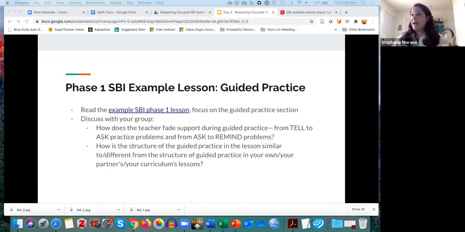When we move to ask, our questions are getting a little higher level, like what do we do next and why? And as we're asking those questions, we're modeling for students how do you use self-questioning? How should you be talking to yourself? What questions should you be asking yourself as you work through this process? Lots of modeling, lots of practice opportunities.